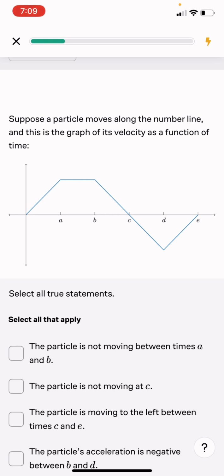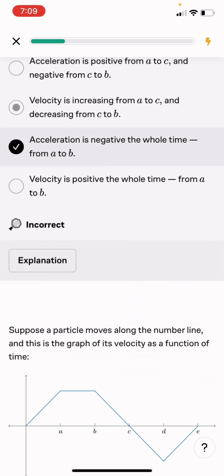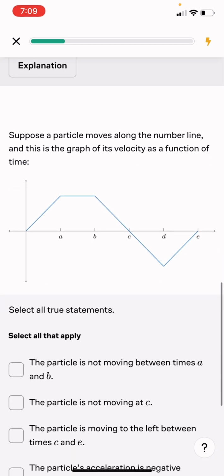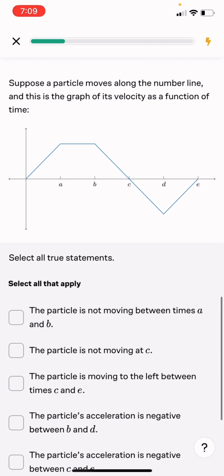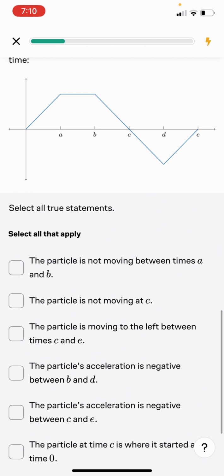B and D, I think it would be. The particle is moving. Well, I feel like it just reaches 0. The particle at time C is where it started, where it started at time 0. The particle is not moving at C. No. The particle is moving to the left, not all the time.